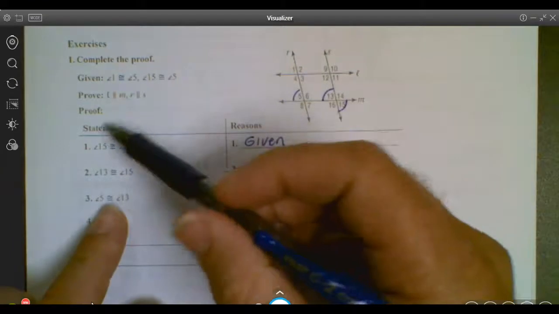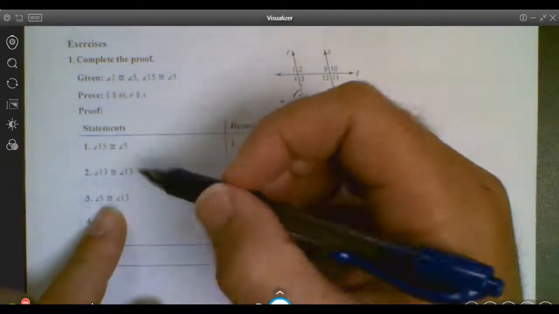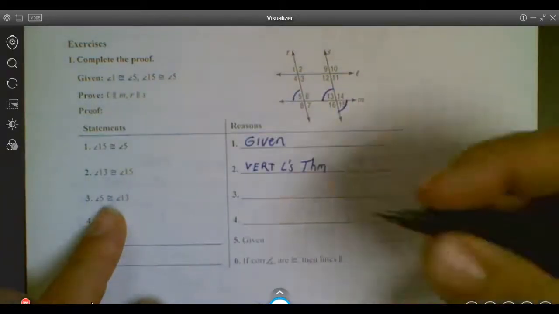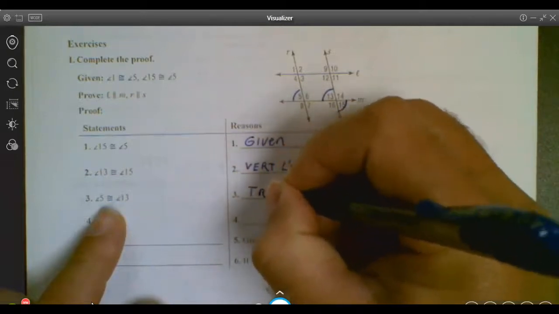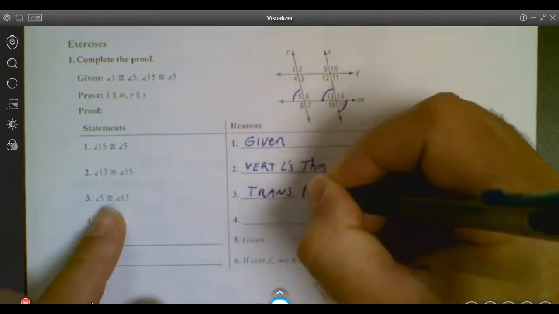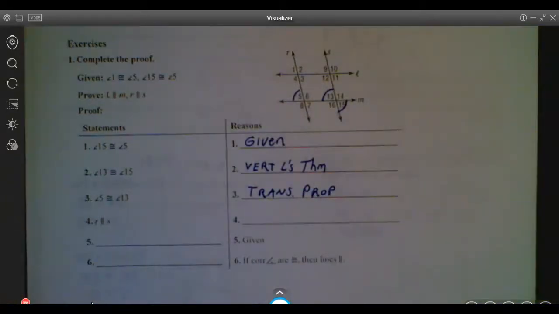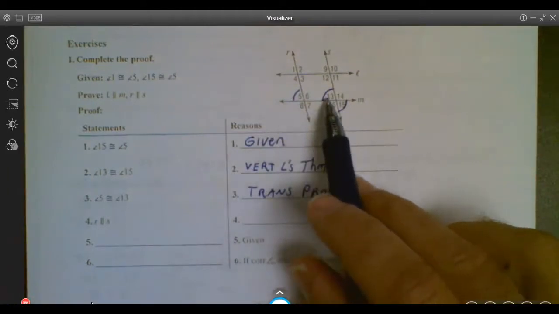As I look at the previous statements, here's our ever famous transitive property, right? We know that if 5 and 13 are both congruent to 15, then they must be congruent to each other. So here's our transitive property right there.